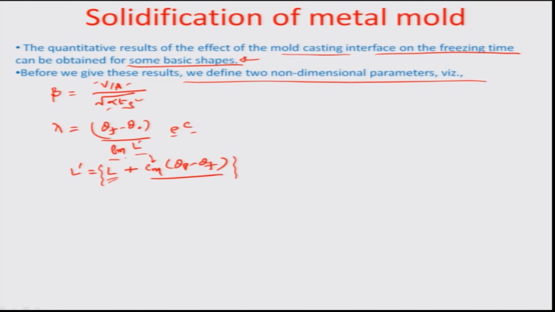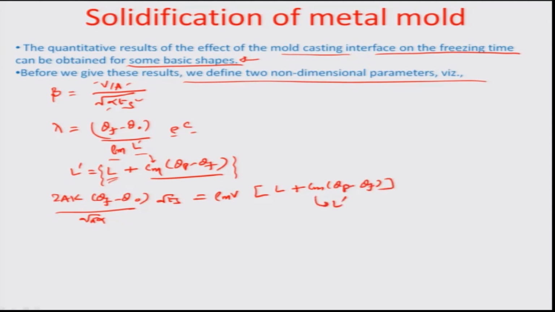So in terms of these parameters, now let us write the equation that we had seen earlier. On one hand we had twice A K theta f minus theta 0 divided by root of pi alpha times root Ts, that is the total heat rejected across the mold face, and the other one was related to the solidification process: density of liquid metal times the volume of the metal times the modified L dash, so L plus Cm theta p minus theta f.